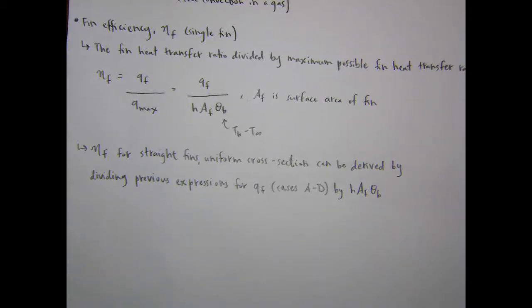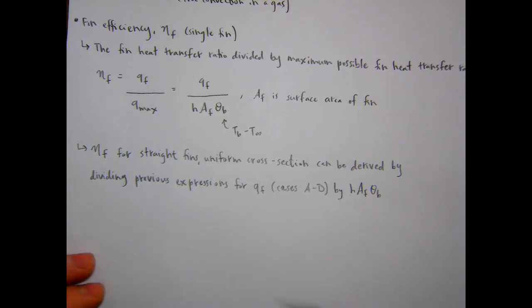Right, Q sub F. So in case B, when there's negligible heat loss from the tip, Q sub F is square root of h P k A sub C. Yes, just the cross-sectional area of the fin. Yeah, there's like 10 different A sub whatevers. And I did try to write out what all of them are in the nomenclature sheet that's on Canvas, but yeah, it's hard to keep it straight.